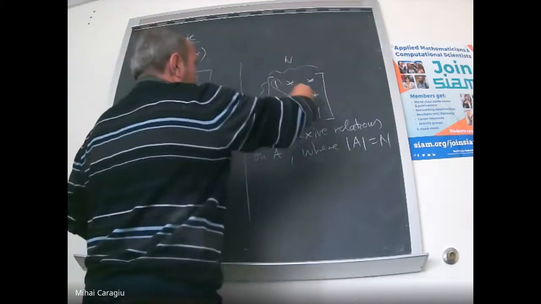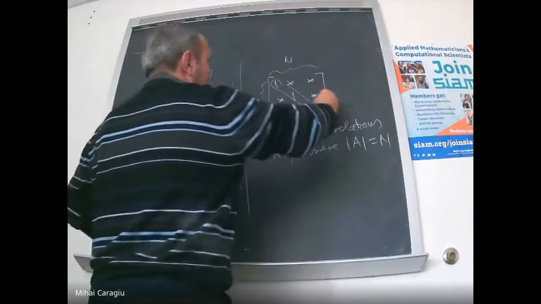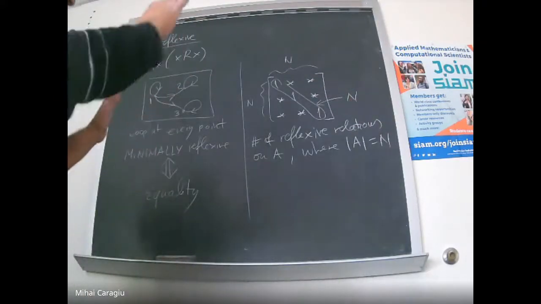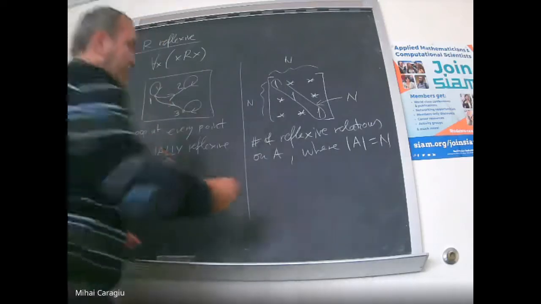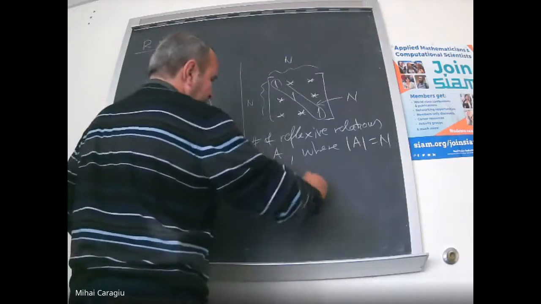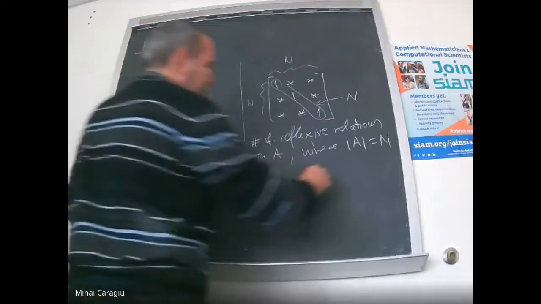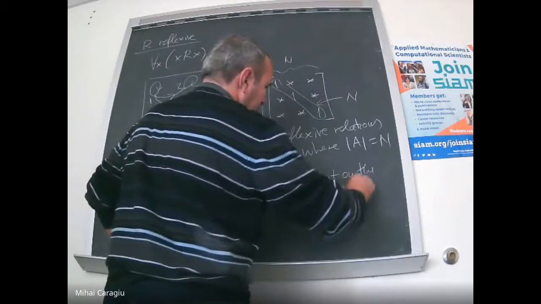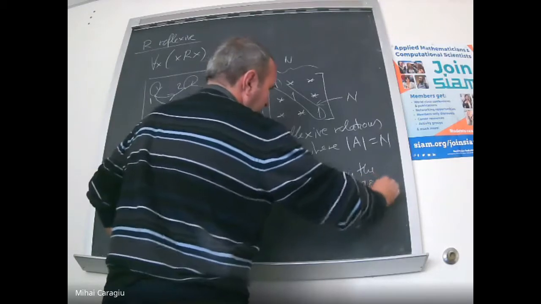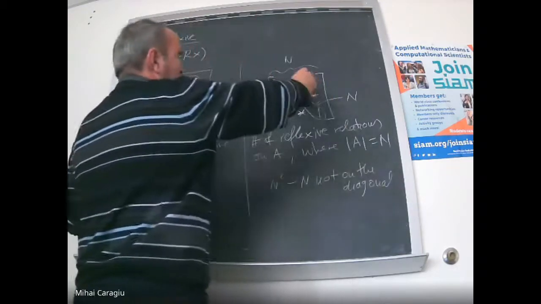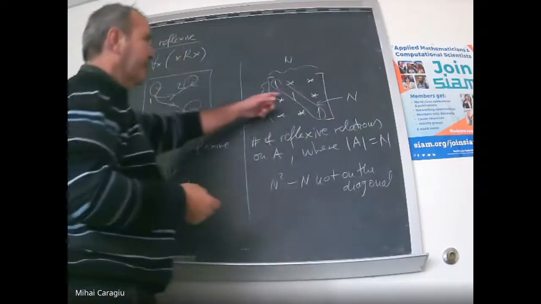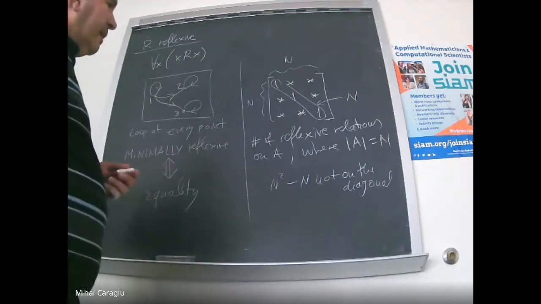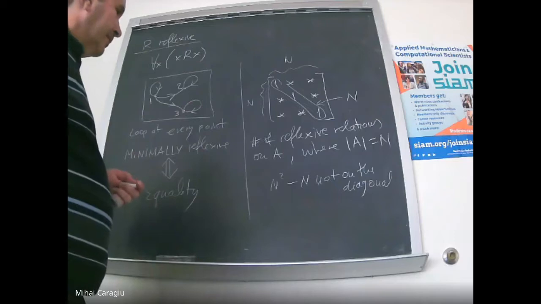We have n elements on the diagonal, and off the diagonal n squared minus n elements not on the diagonal, like the stars in this picture.